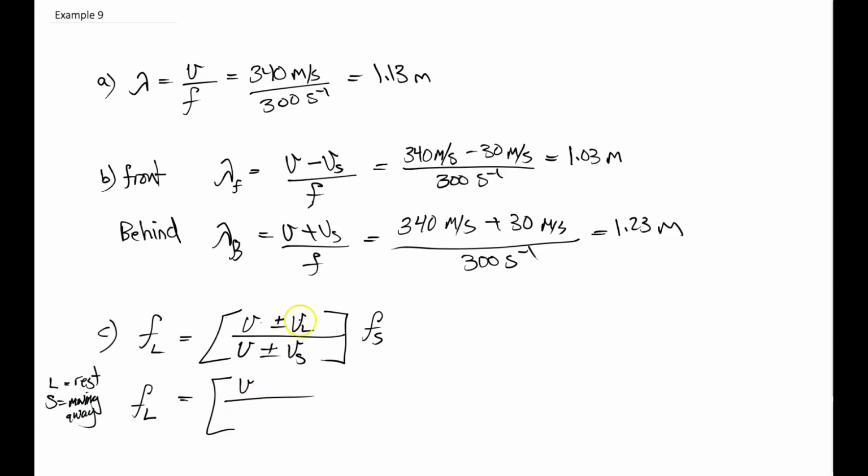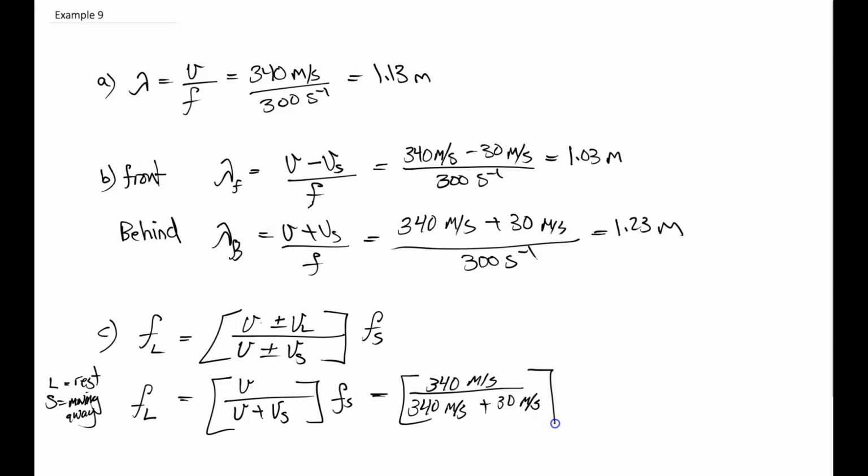V over, because the listener is at rest so they don't have any velocity, V over V, and then because of the moving away we use a plus sign for the source velocity over V, times F sub S, which equals 340 meters per second over 340 meters per second plus 30 meters per second.